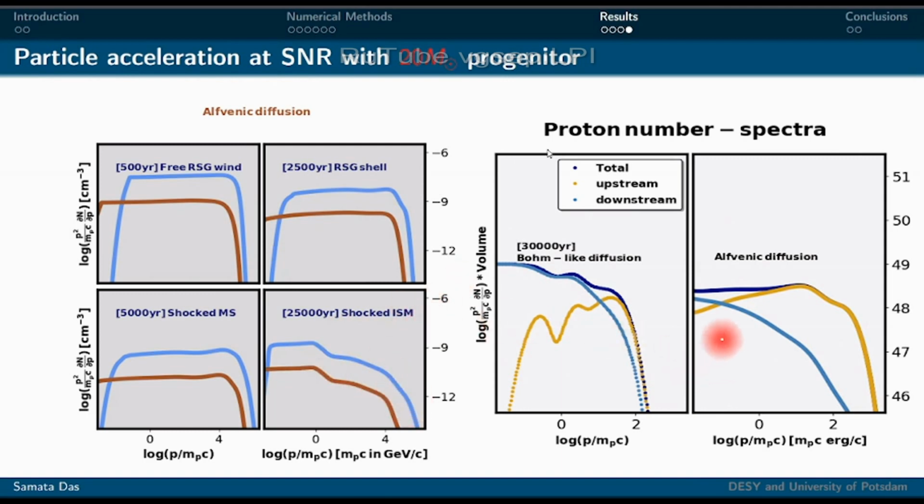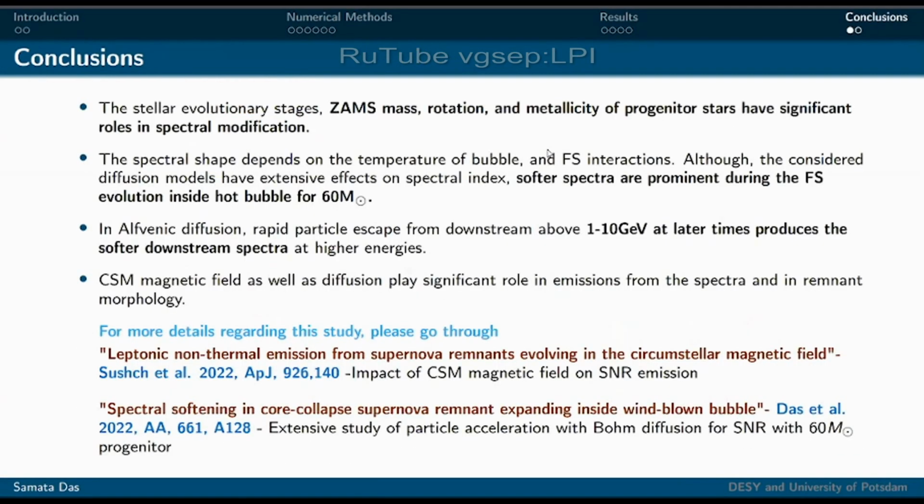Here you can see the escape of particles upstream, and we get the softer spectrum with time evolution at the late stage. So the progenitor star really has a significant impact on the spectral modification. With the hydrodynamic effect, we get the softer spectrum at an early stage, but from the Alfvén diffusion, we get the softer spectrum at the very late stage of the evolution and in the high energy regime.